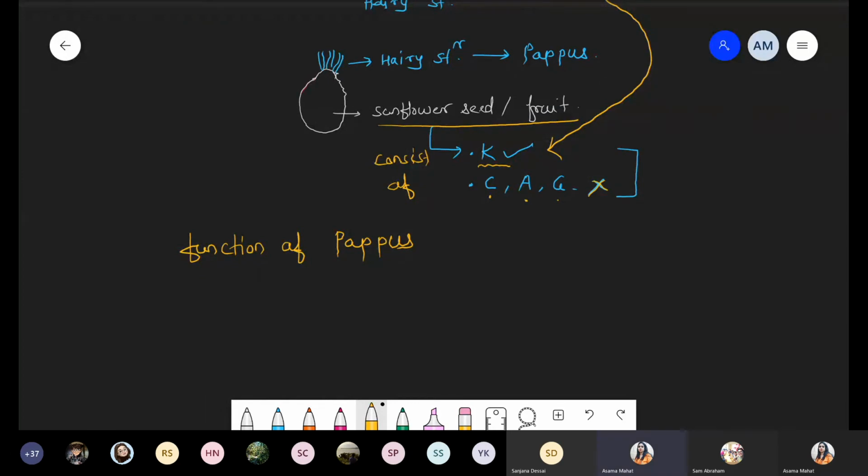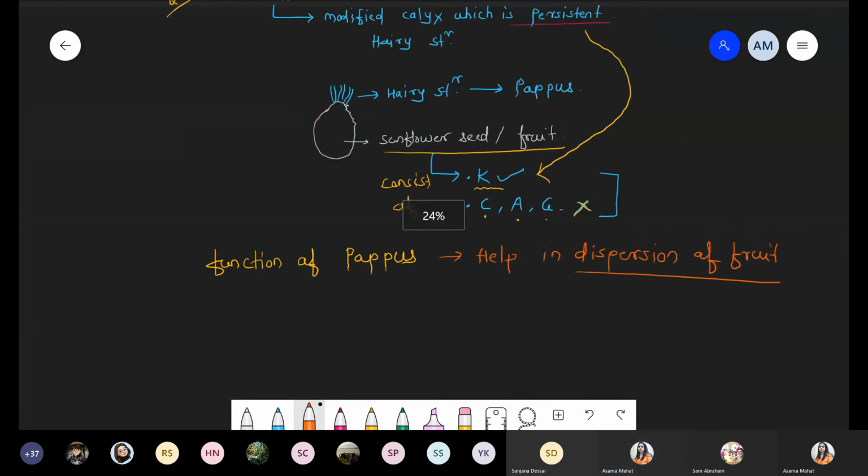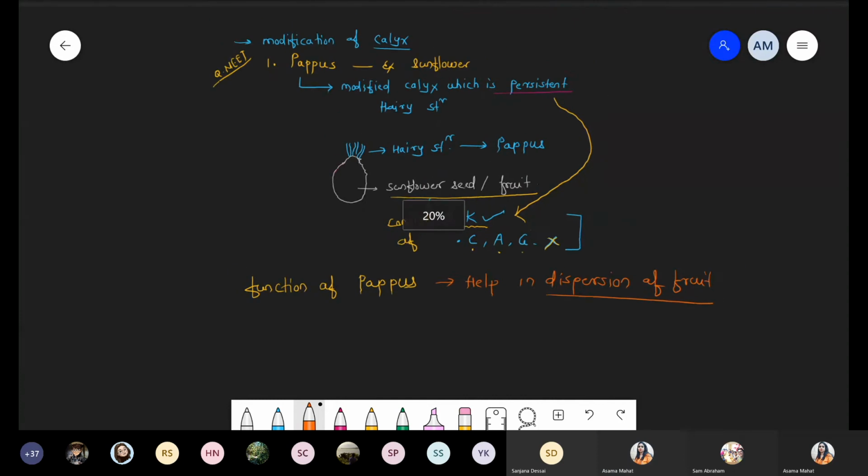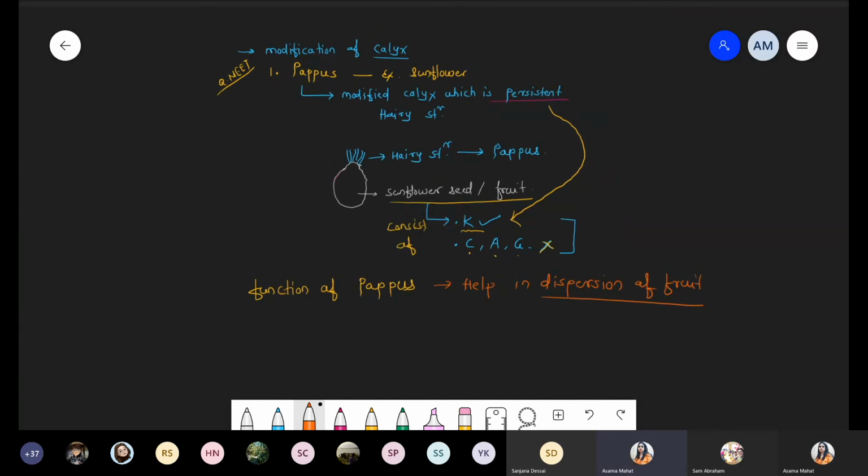Yes, very good, Sakshi. Definitely, such a structure is present, and this structure helps in dispersion of fruit. So definitely, it helps for the dispersion. Got it? Yes.